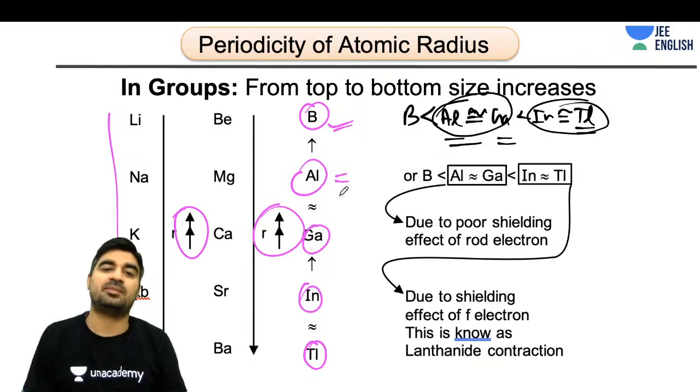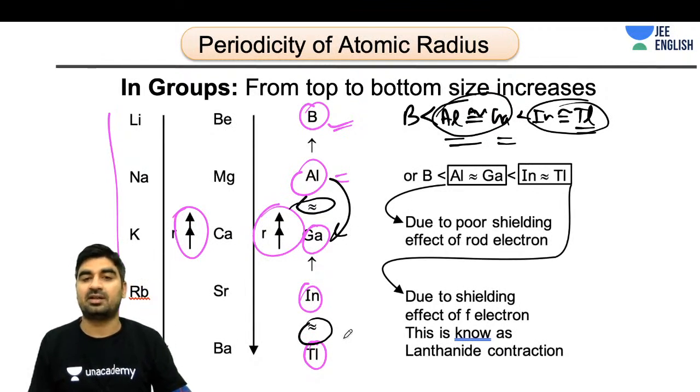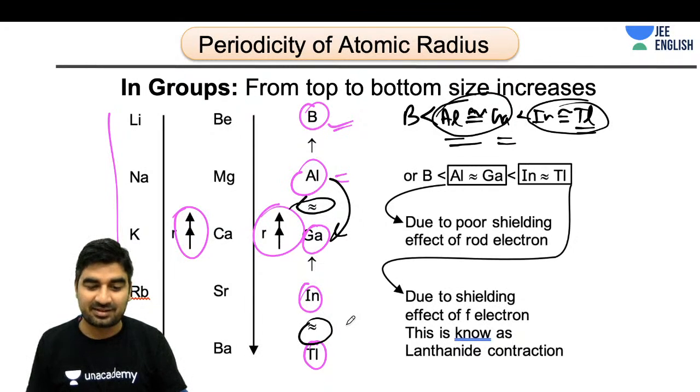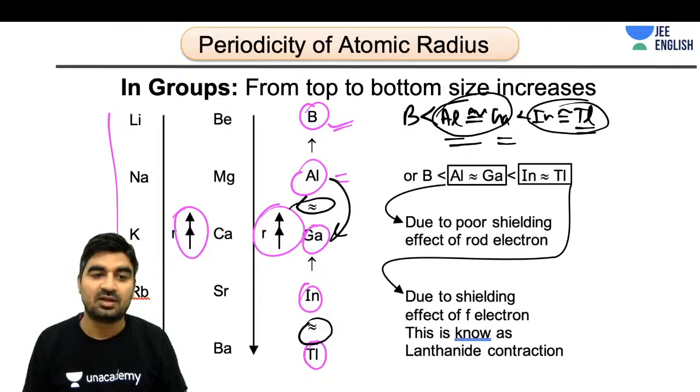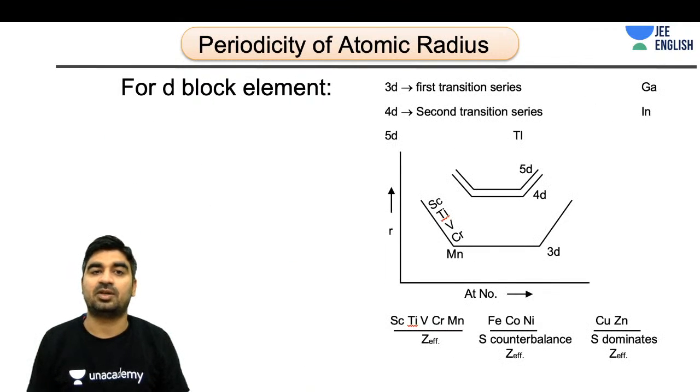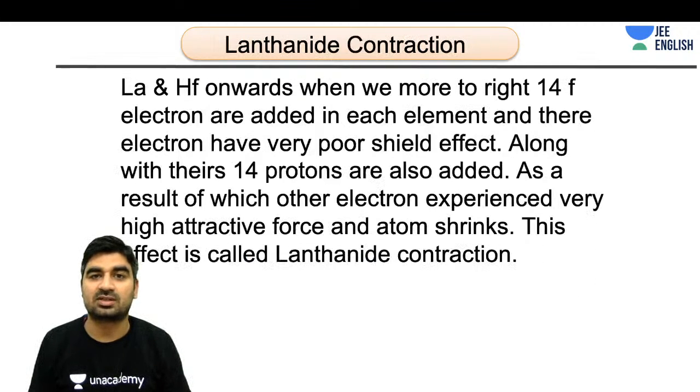So why are aluminium and gallium approximately same? Why are indium and thallium approximately same? Right? So now I will discuss it. But we can cover it only through the periodic table. So what is the issue with that? I'm going to discuss that.